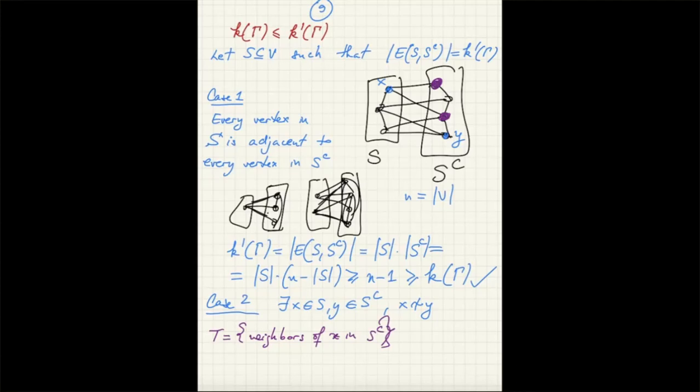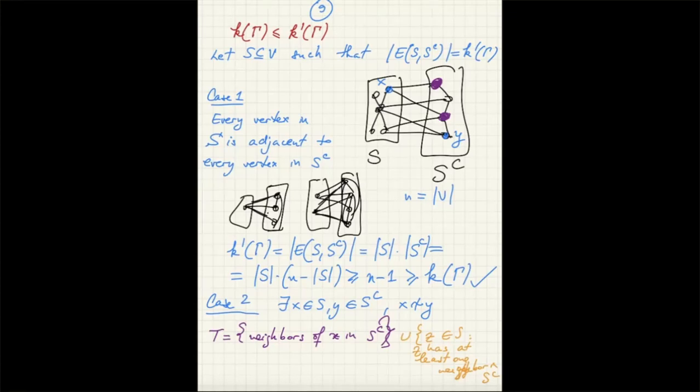And then the union of the vertices z in S such that z has at least one neighbor in S complement. So maybe our graph had some vertex like this.